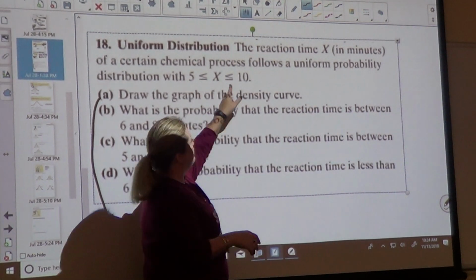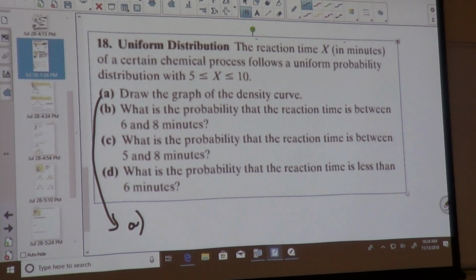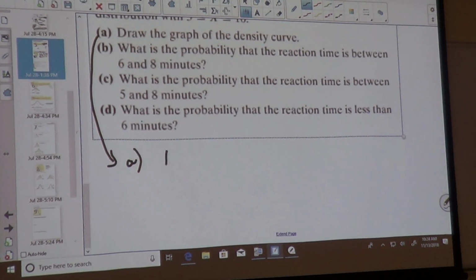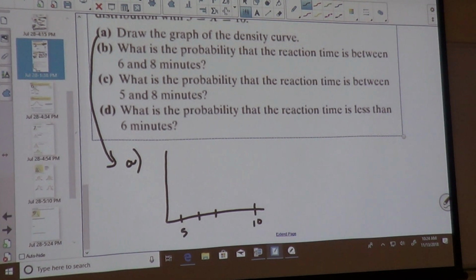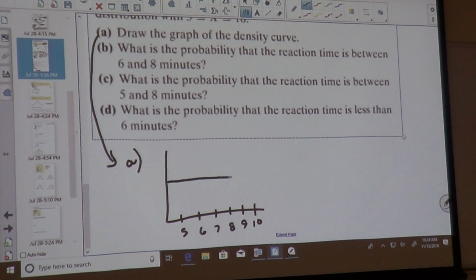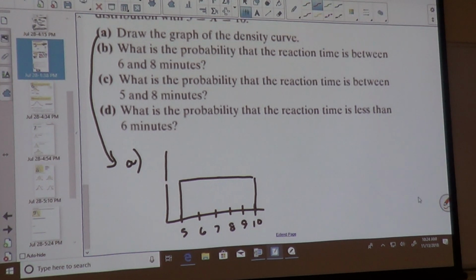Now, we're going from 5 to 10. So how many bars should we have? We're starting at 5 and we're going to 10. So 6, 7, 8, 9. And we know that it's going to be straight across. I need to know what this number is.